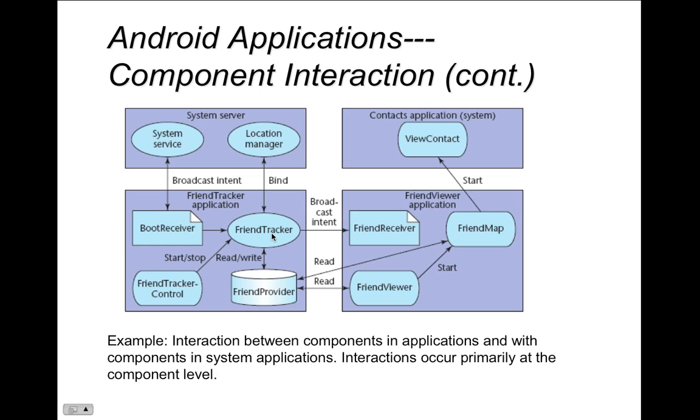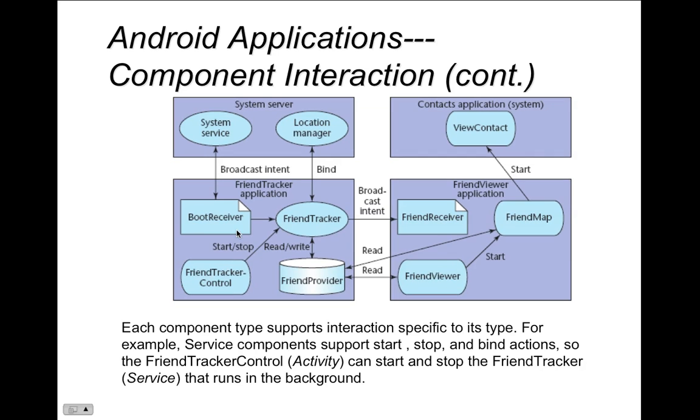And friend tracker would call the location manager, and the location manager would track the location, retrieve the information back. Then these would be considered broadcast intents. And then we would have other intents to read or write data, to look at or find friends on a map, and all sorts of different components essentially that are interworking to make this functionality possible.